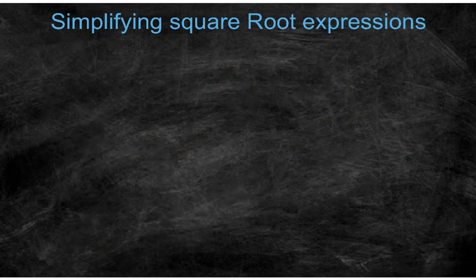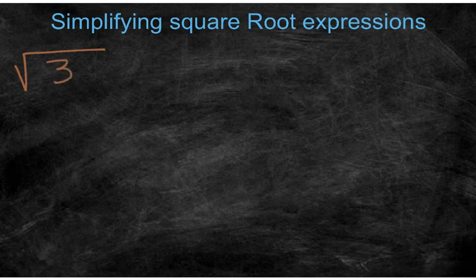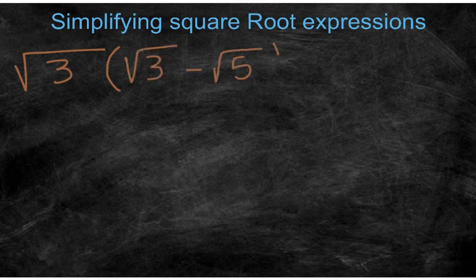Now we want to learn how to multiply square roots. It's like multiplying algebraic expressions. Here we have square root 3 times the quantity square root 3 minus square root 5. We will use the distributive property.